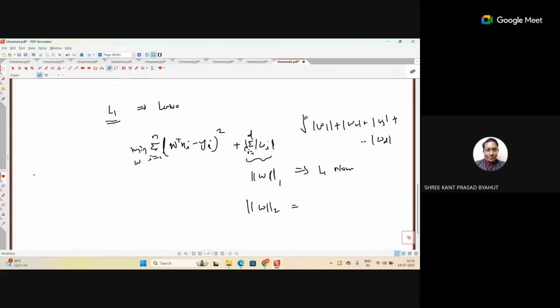When I use this, it is called lasso, and when you use L2, it will be ridge. The L2 norm has a square root, but then you take the square of it, so the square root goes away.